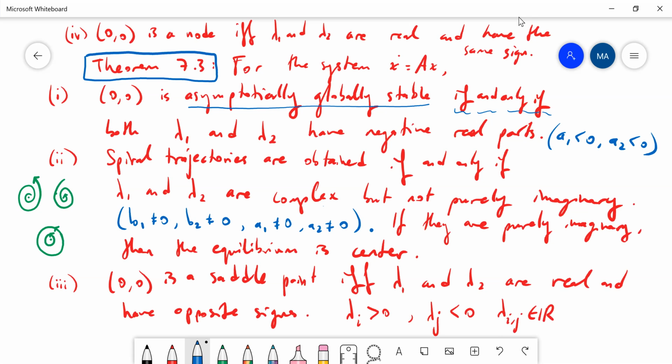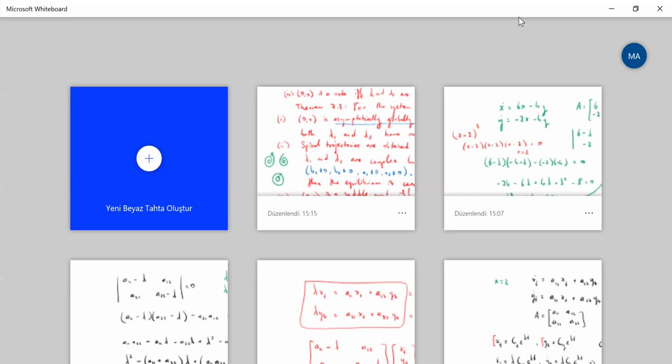Now there's another theorem. This theorem is theorem 7.4.